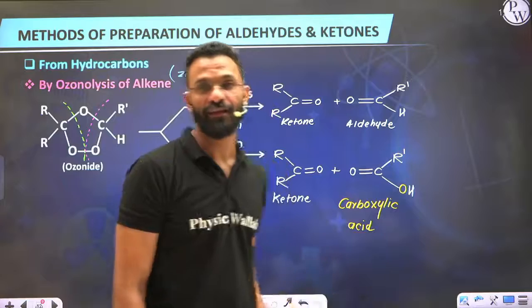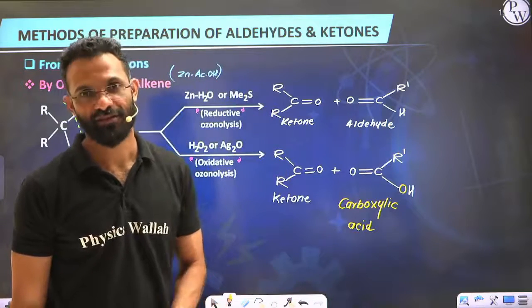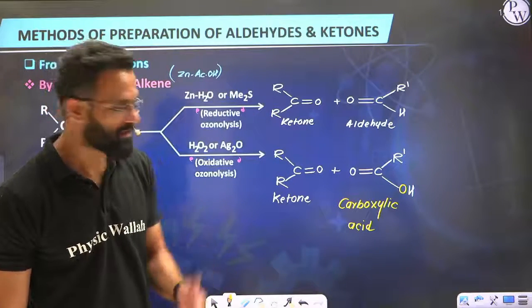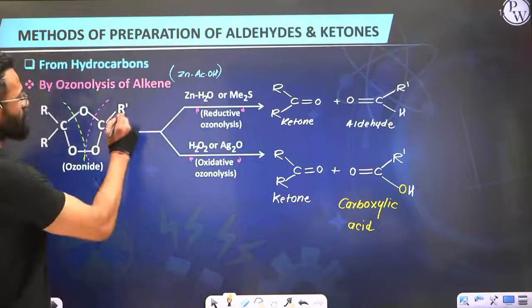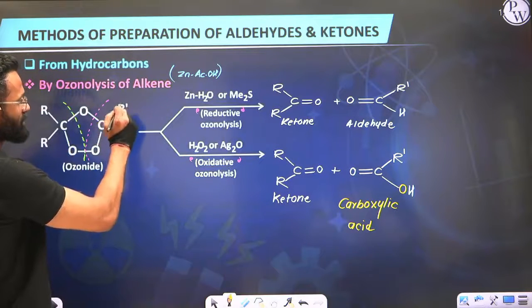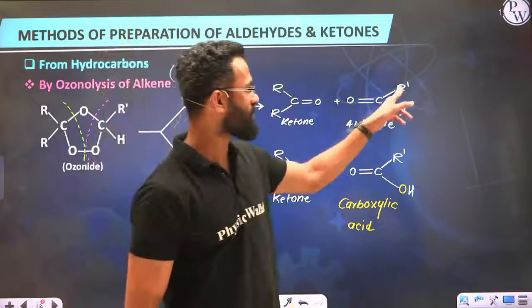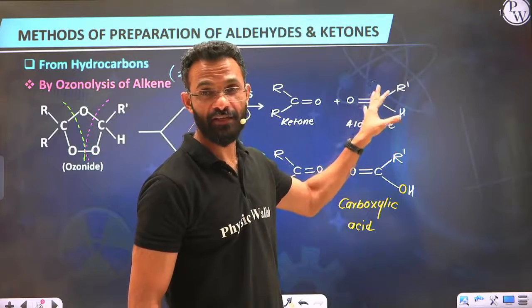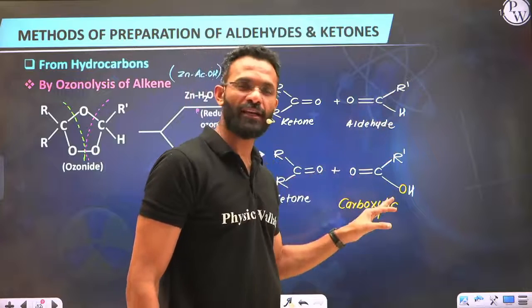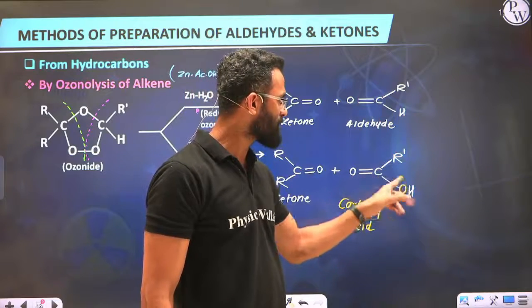And imagine if we would have had a terminal alkene. Imagine if R dash would have also been H. If R dash would have been H, then it would have been HC double bond OH. So here we would have got formaldehyde, HC double bond OH, in reductive condition. But in oxidative condition, both would have been H, meaning both would have got oxidized.